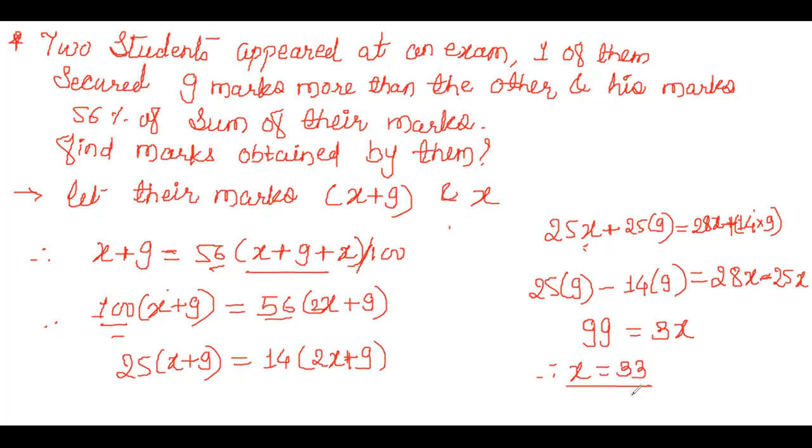One number is 33, and the second will be x plus 9. So the first number is 33, and the second one, the marks of the two students: the first one got 33 marks and the second one x plus 9 means here 33 plus 9. It is equal to 42. Okay.